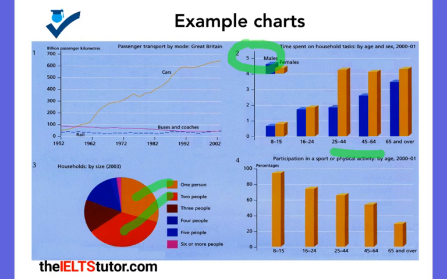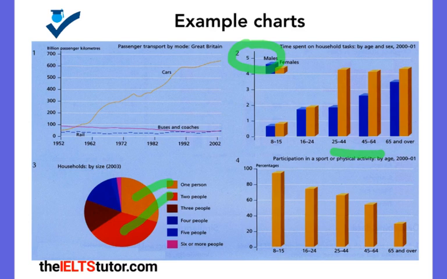How do we know this? People travel more than they used to because you can see that for cars, the numbers just kept going up and up and up. And they travel many more miles by car than by other forms of transport. So that's what we know of the trend.